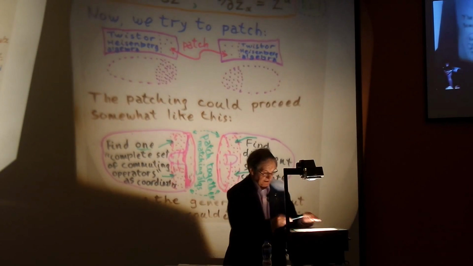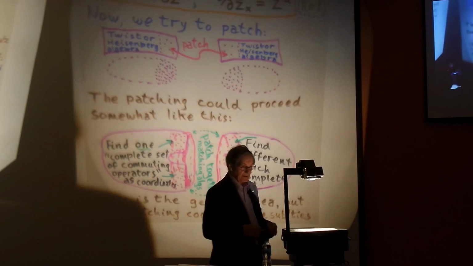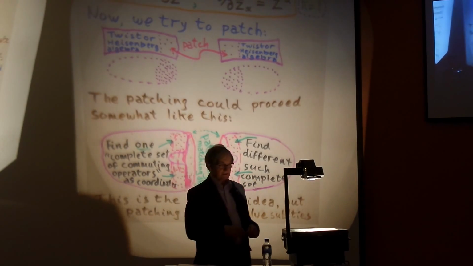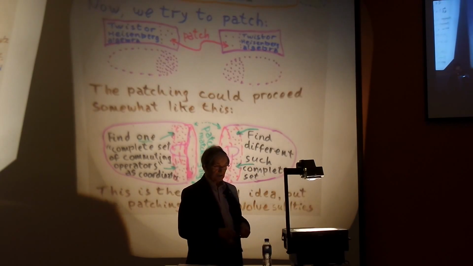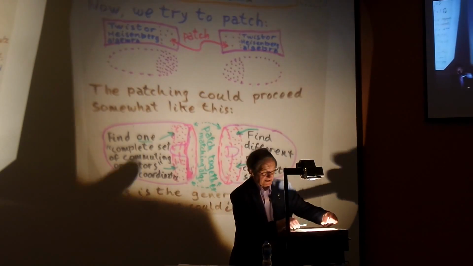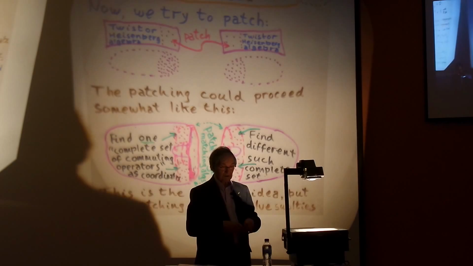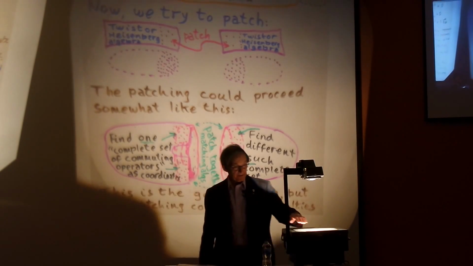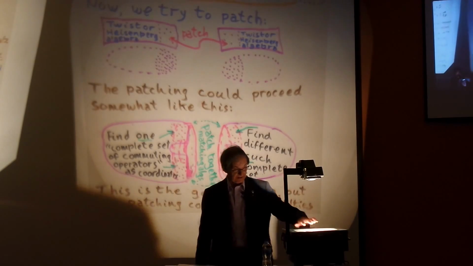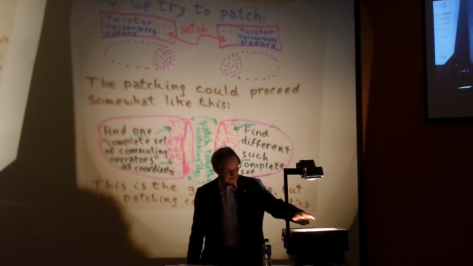And here, on the other patch, it's got its algebra, and you might not find a set of commuting operators which matches the ones over here. But you don't care about that now, because you say, well, you're going to match the algebras, that's all. I'm not going to match the manifolds, which I'll give you the complete set of commuting operators. But I'm saying, no, it's the algebra which I'm carrying across from my side together. So to picture something like that.